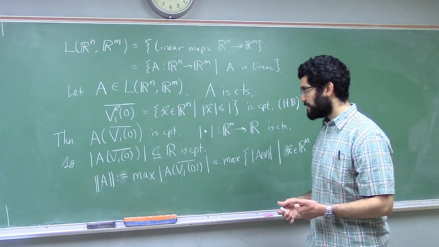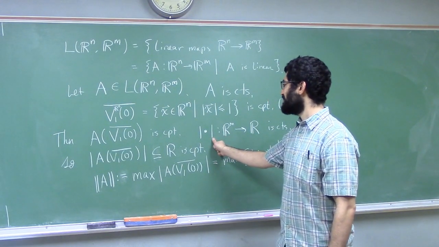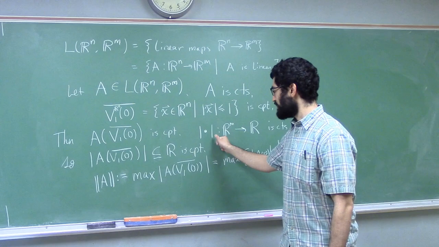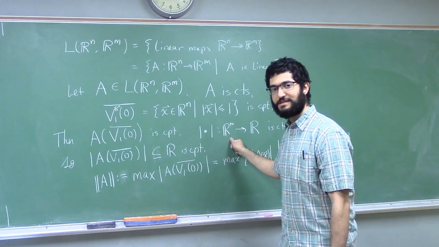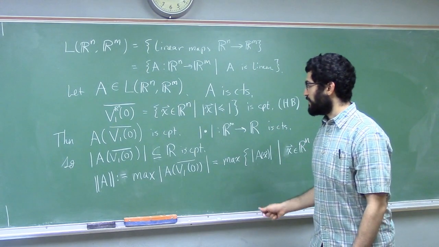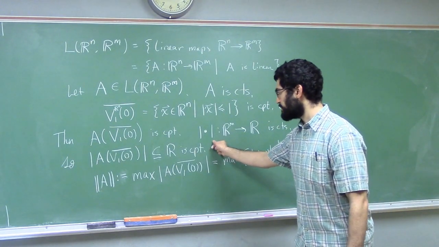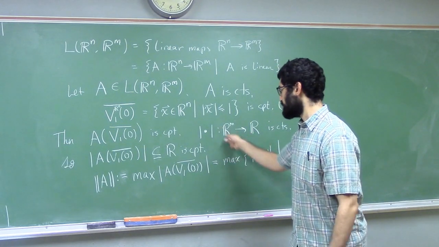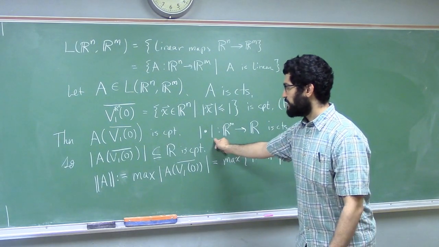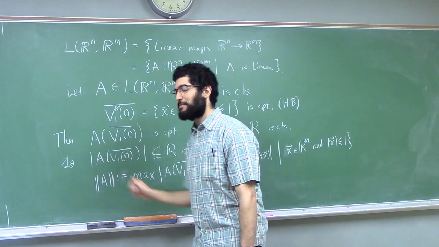What I had been doing was using double bars to point out that we're using the Euclidean norm in higher dimensions as opposed to the basic absolute value. Now the distinction I want to make is between the Euclidean norm in any dimension, so I'll use single bars for all of the Euclidean norms in Euclidean space, and this new thing, which is the norm of a linear map.